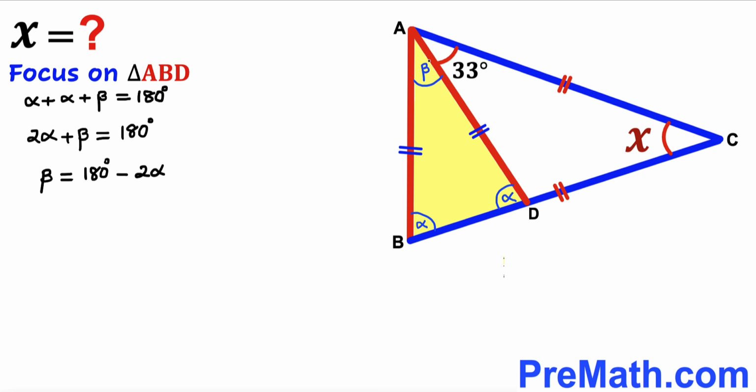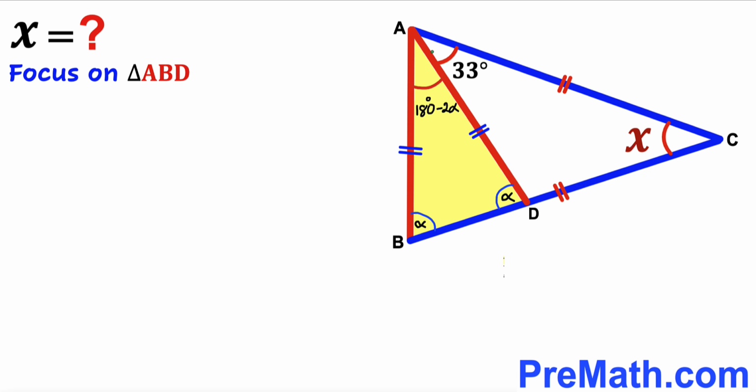So thus this angle BAD turns out to be 180 degrees minus 2 times alpha.